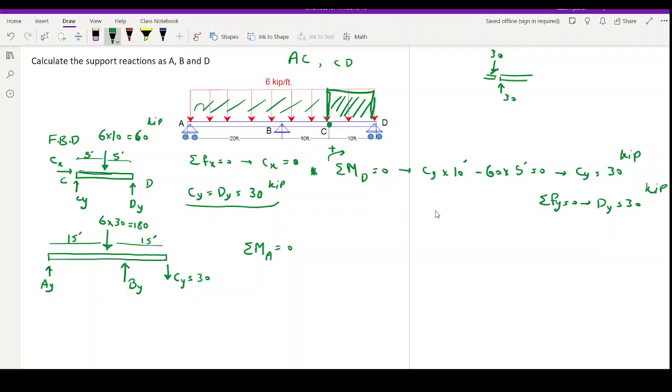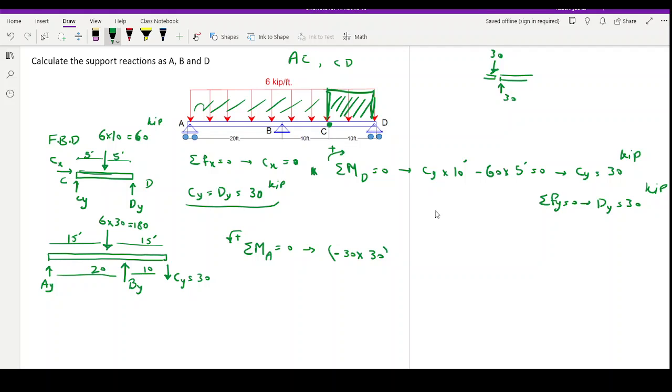Sigma M about A is 0. From there, I'm assuming that this is my positive direction. Therefore, starting from the right, negative 30 times 30. The distance is also 30. This is 20 and this is 10.